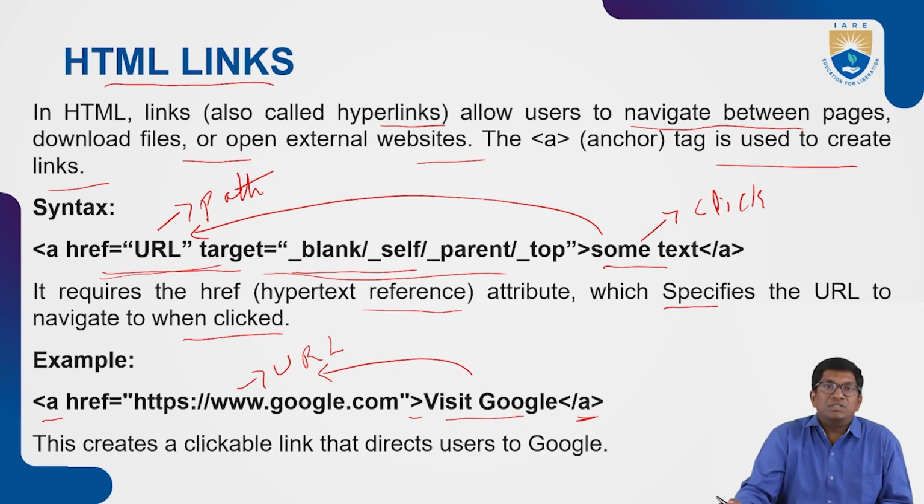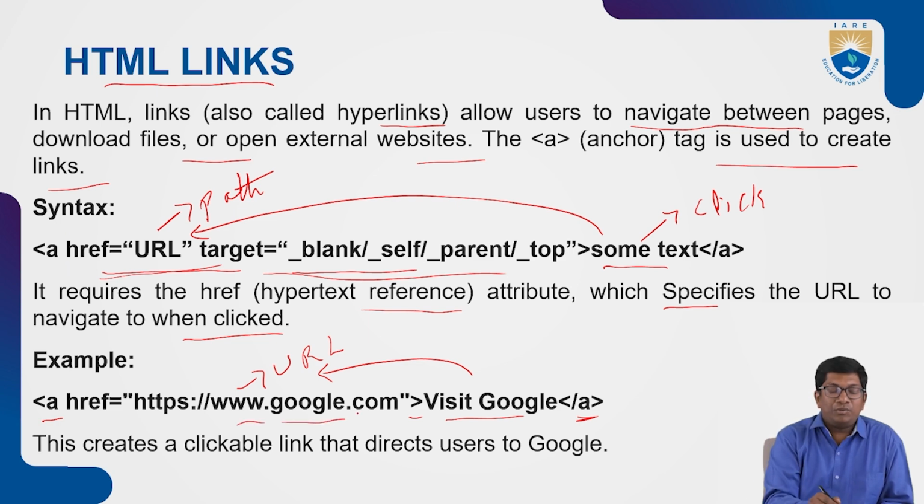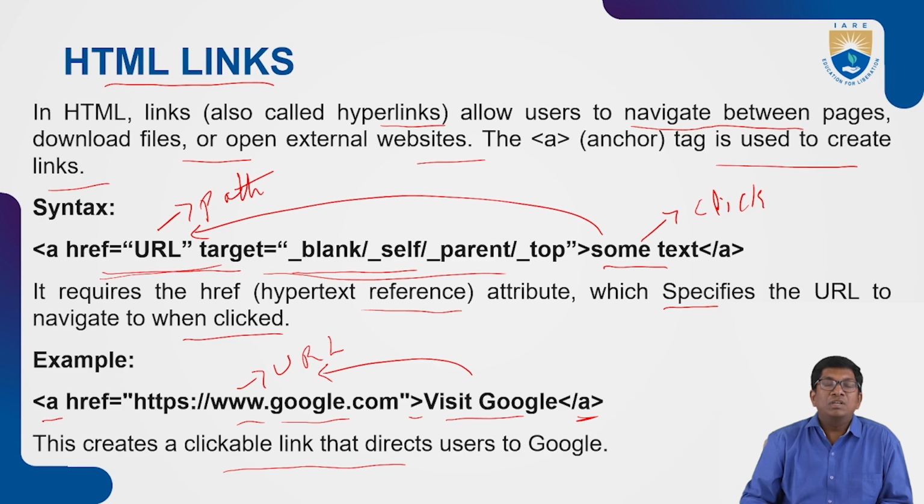It opens that web page. So from your home page, it will navigate to the URL and open that web page. So this creates a clickable link that directs users to Google. Like this, we can link from one page to another page using the anchor tag.